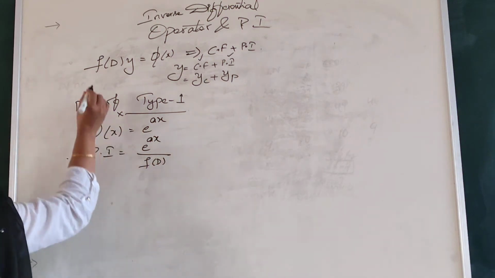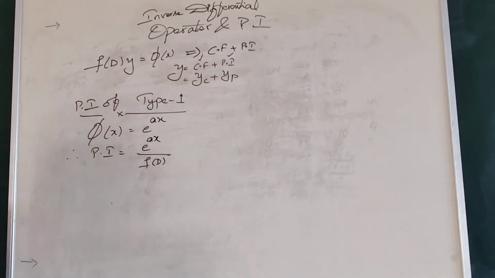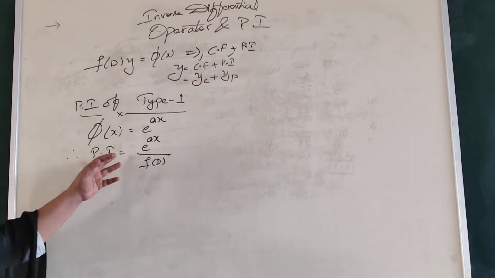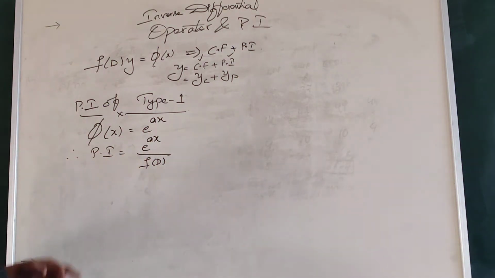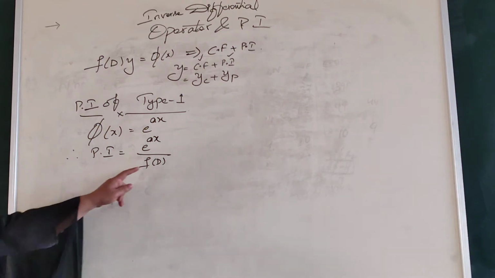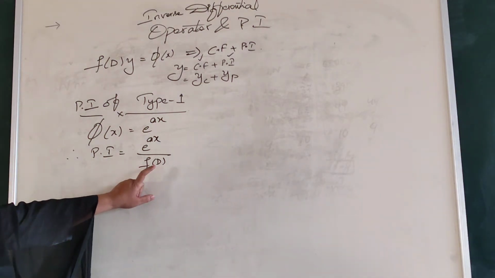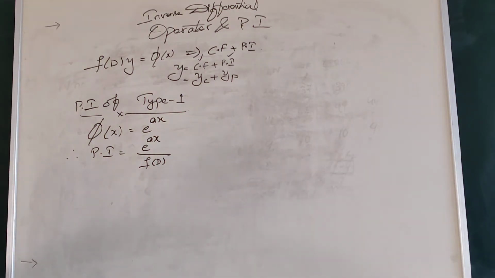What is f of D? The polynomial function in terms of the operator. Understood? Now, if the particular integral is in this form, how are we going to solve it? Wherever D is there in f of D, we replace it by a, so f of a.